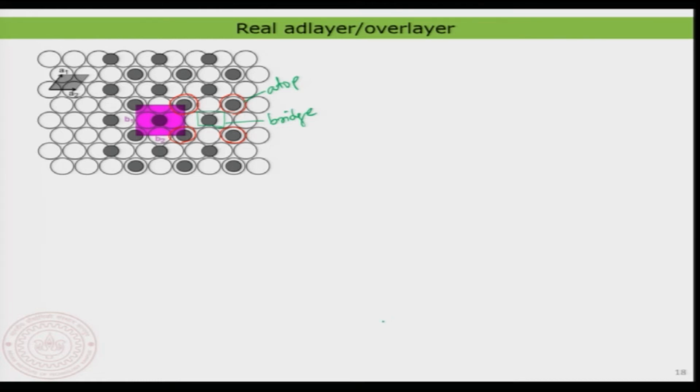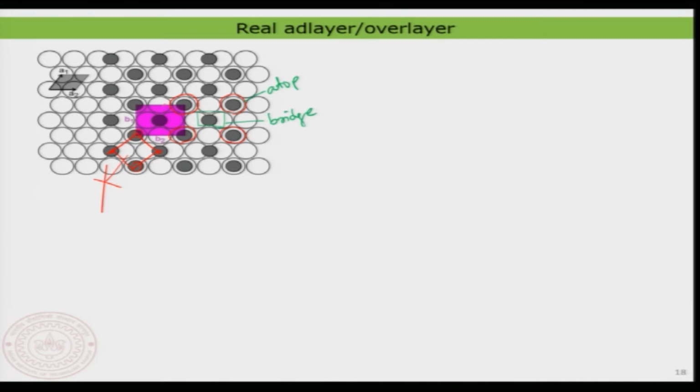Something you have to keep in mind here particularly is that, when I want to define the unit cell of this case, it is not possible to represent it using this type of unit cell, because you see that these atoms here are not the same as these atoms. You understand? That means this cannot be used as a representation for the Adlayer unit cell.